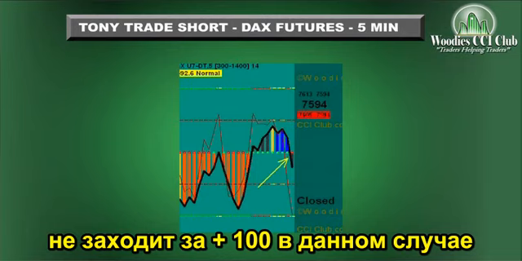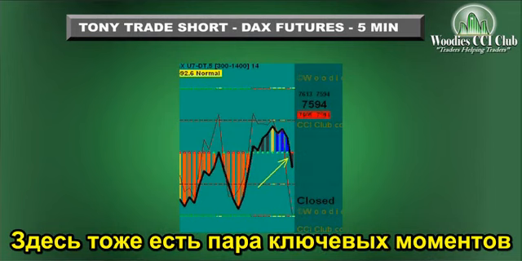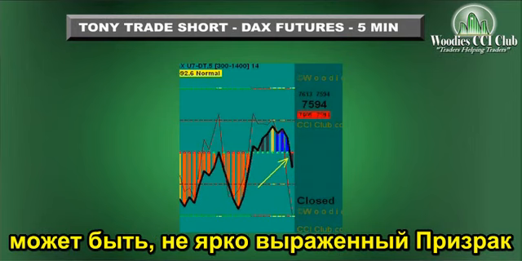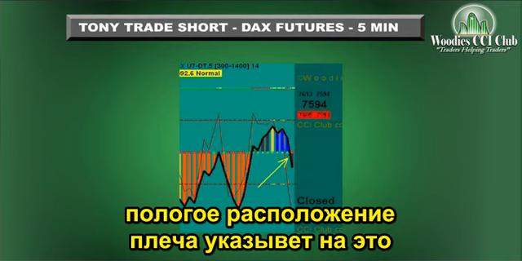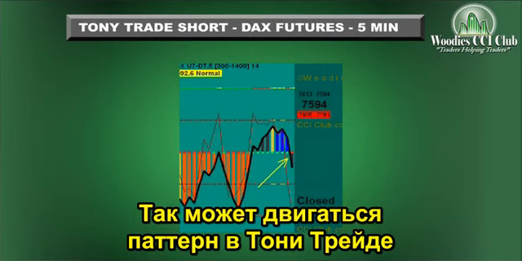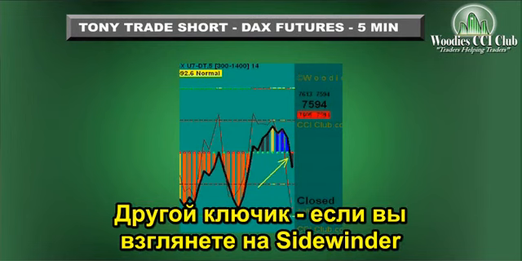Not one of the bars showed any kind of movement above the plus 100 in this case. There's also a couple of clues here. You have somewhat of a ghost pattern, even though it might not be a ghost that we would take because this is a flat shoulder here. It still is somewhat of a ghost pattern with this Tony trade.